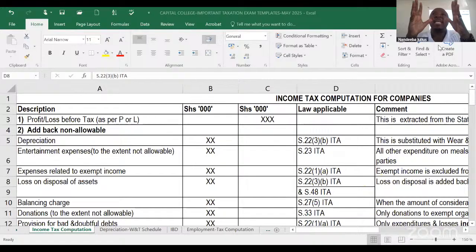Now, the assets in the farming industry are different from the assets in the manufacturing industry, which are different from the assets in general trade. So it is very important, number one, to know the industry.